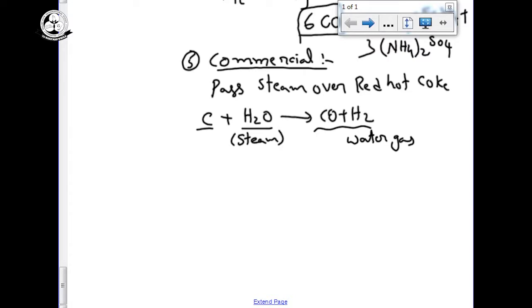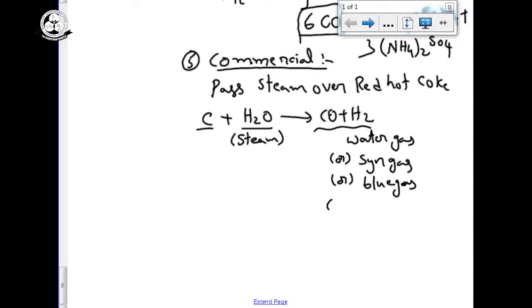So on passing steam over red hot coke, we get carbon monoxide and hydrogen. This mixture is called water gas, syngas, or blue gas. It burns with a blue flame, that's why it is called blue gas.